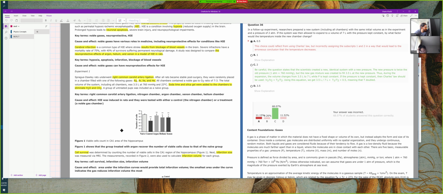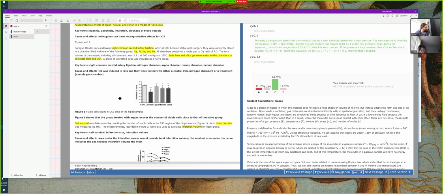All right, and then we can compare. What is this number of cells? Okay, cell survival. So number of cells is cell survival. Nitrogen only seems to be the lowest.